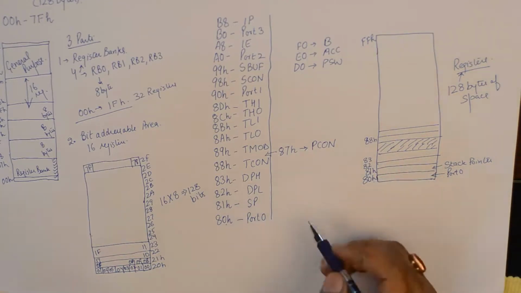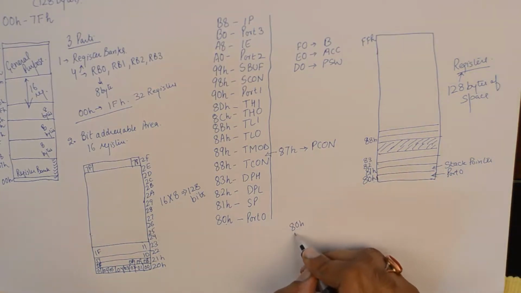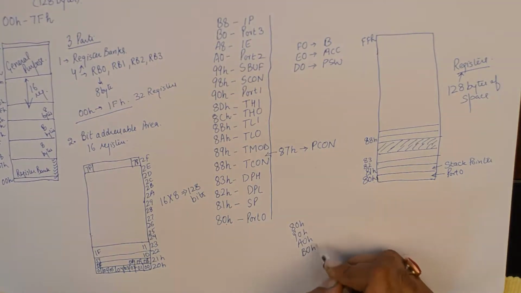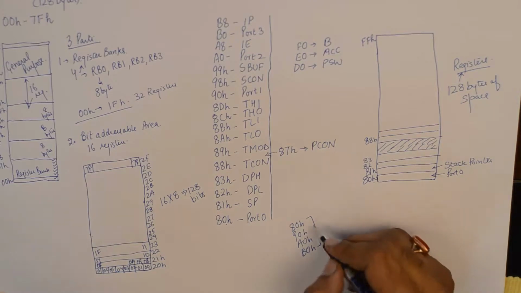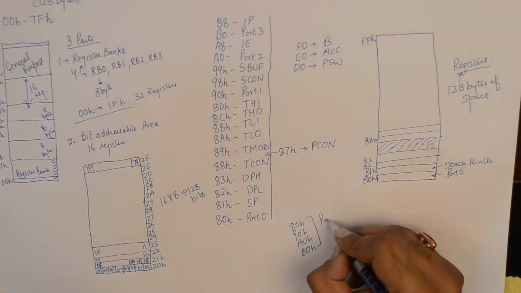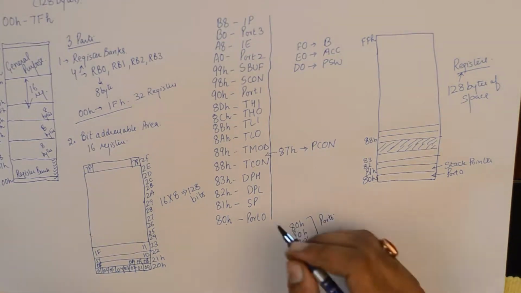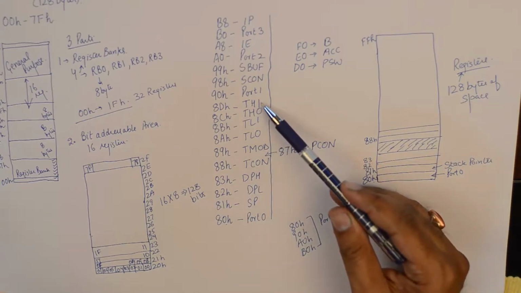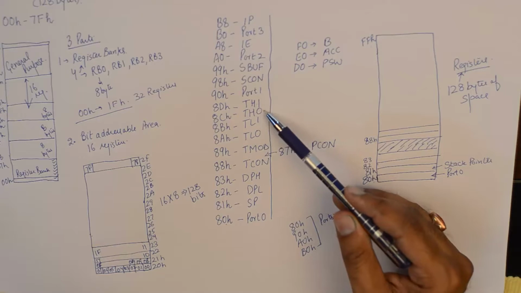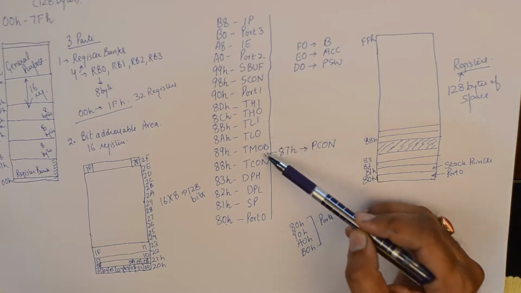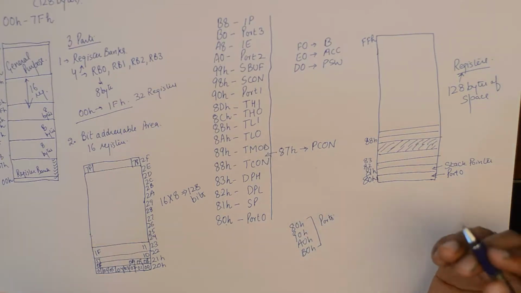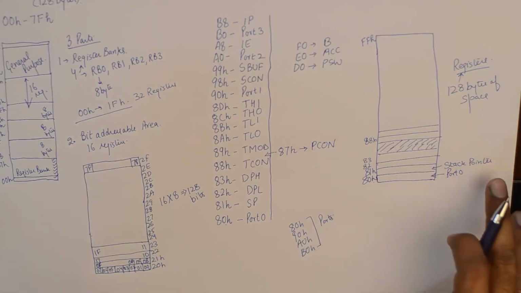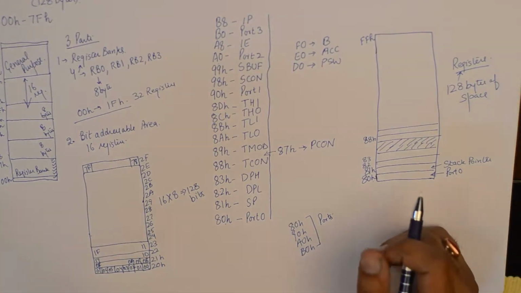For example, they would put 80H, 90H, A0 and B0 into one set of registers for ports, and similarly they'll put other registers like TH1, TH0, TL1, TMOD, TCON into registers associated with timers and counters.